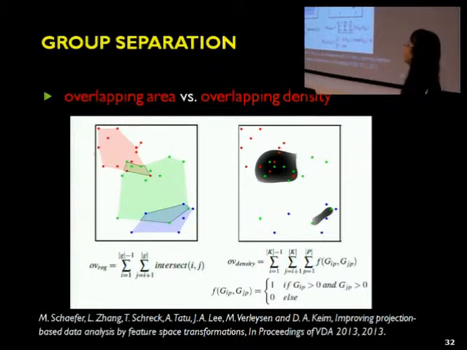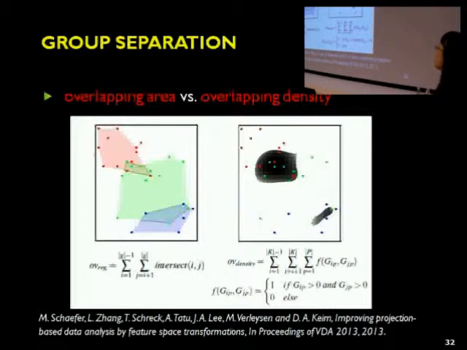One is the overlapping area measure, which tells you how badly group regions overlap against each other. And another one is the overlapping density measure, which tells you how badly objects are plotted in a dense region where these objects belong to different groups.